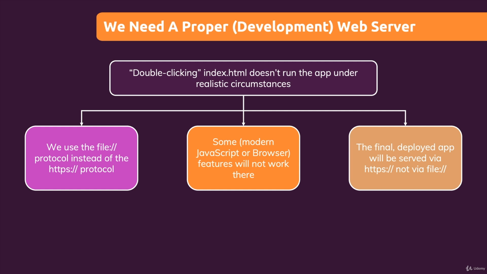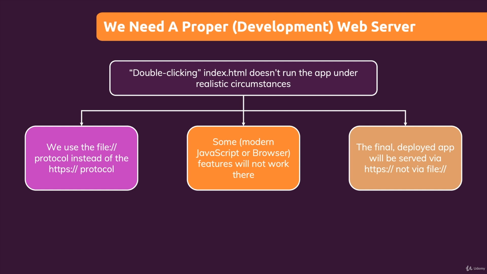That file protocol is only available locally on your computer if you double-click the HTML file. That's not what will be used once the web page is served to your users by a server in the end. And therefore, you're doing something which is not really good. You're testing your web application under different circumstances than your users will see them in the end.